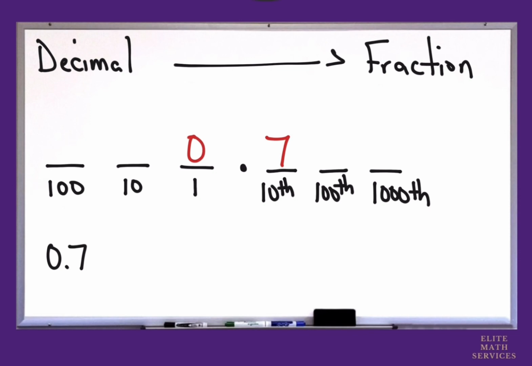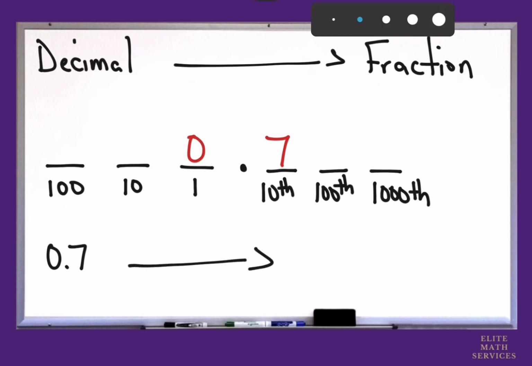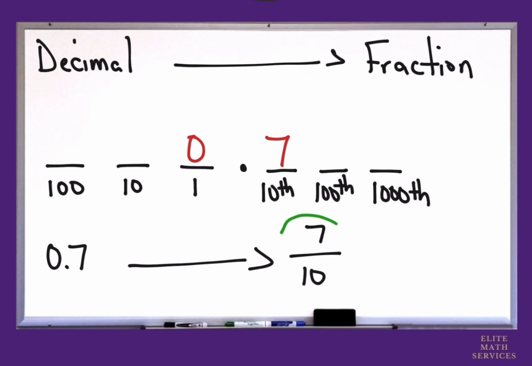Now, our 7, the only number that we have, is in the tenths place on the fraction side, so that determines our denominator. So our denominator is going to be 10. And our numerator is going to be 7. So 0.7 is equivalent to 7 over 10 in fraction form.